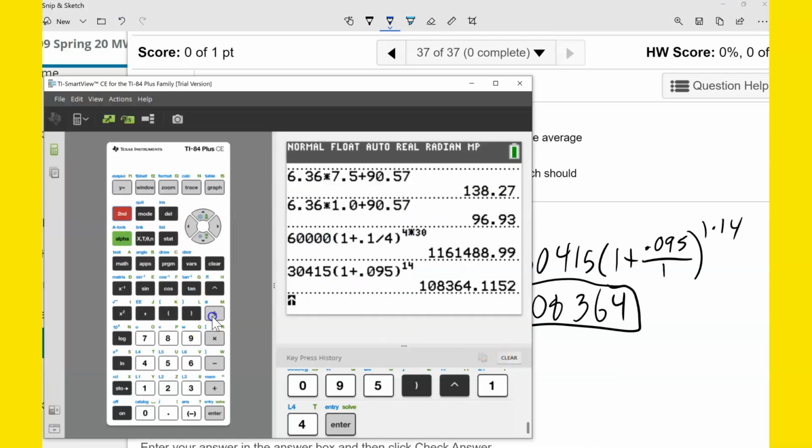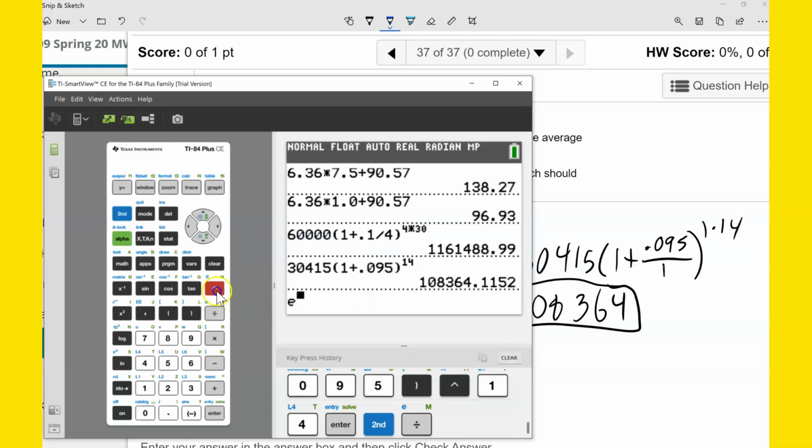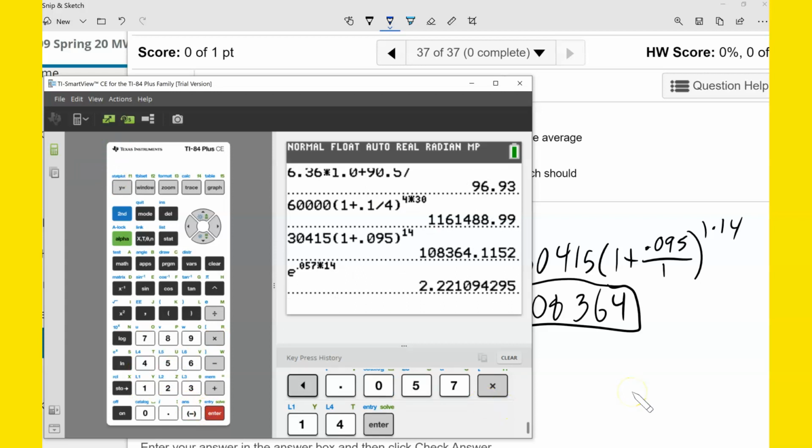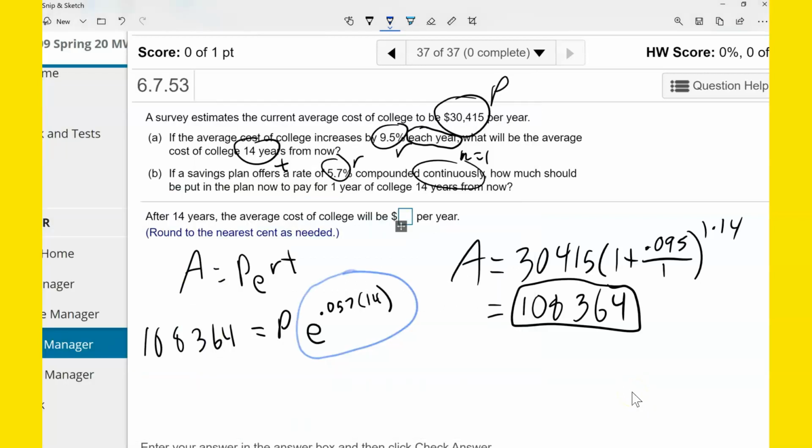So second, E to the 0.057 times 14. That gives 2.221.